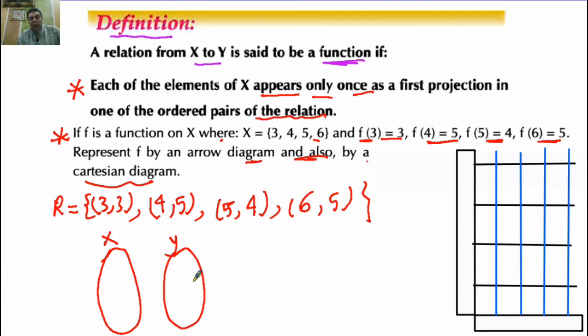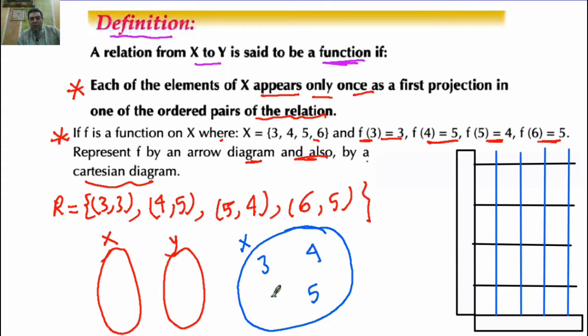Then we can draw one Venn diagram like this. This is x. The elements of x are 3, 4, 5, and 6.